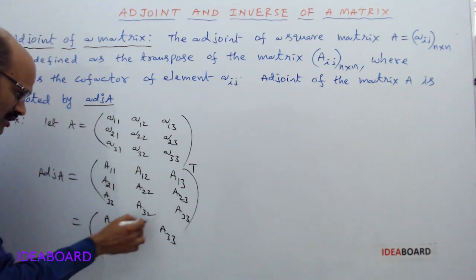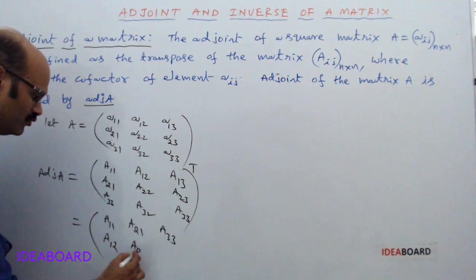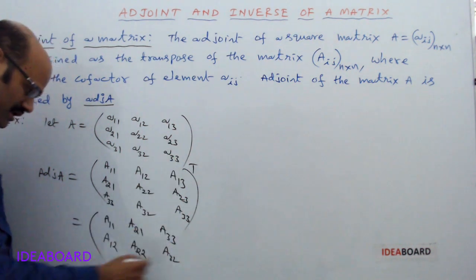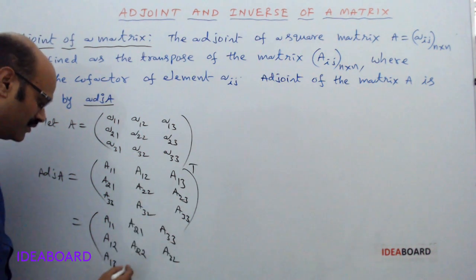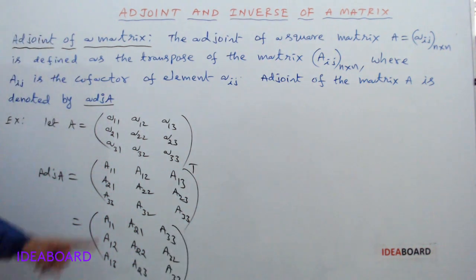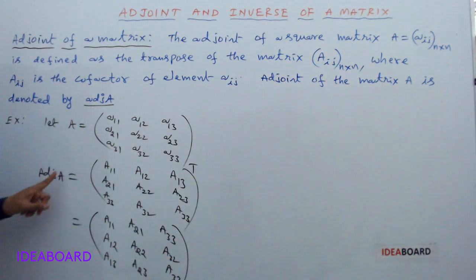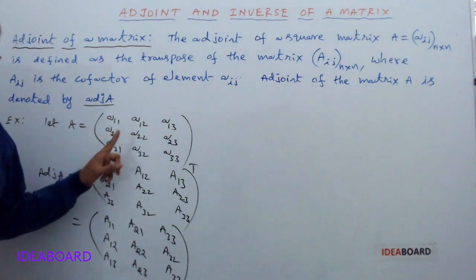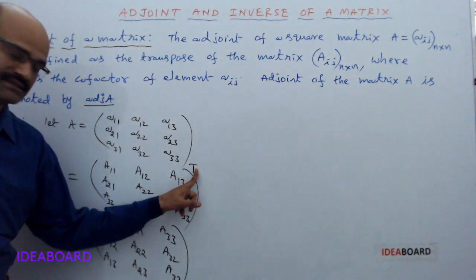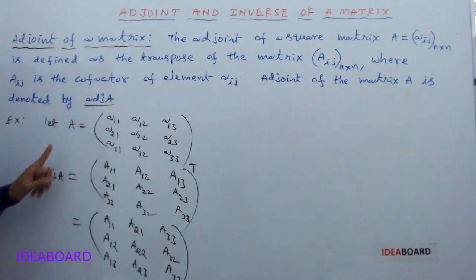Next, second column becomes second row: A12, A22, A32. Now, the third column becomes third row: A13, A23, A33. So, whenever you want to find adjoint of a given matrix, we have to find the cofactor matrix of the given matrix, then we have to find the transpose of that matrix. The transpose of the cofactor matrix of the given matrix is called adjoint of A.